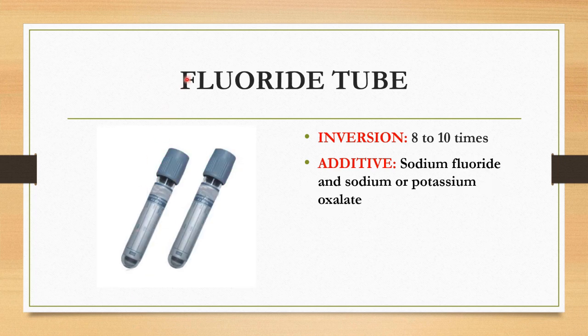The last one is the fluoride tube, which will be gray in color. After collecting the blood sample, you have to mix it 8 to 10 times, and the additive in the fluoride tube is sodium fluoride and sodium or potassium oxalate.